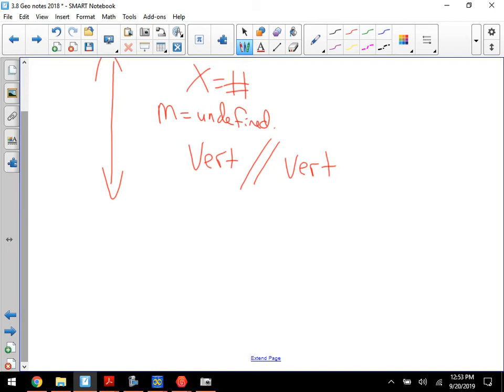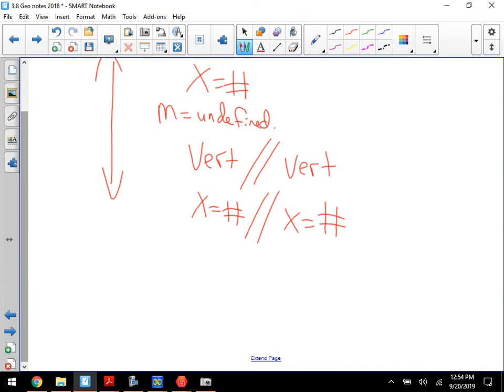And if you break that back down, it's the same idea like we did with horizontal. If horizontals were y equals a number, verticals were then x equals a number. So if vertical is parallel to vertical, x equaling a number has to be parallel to what? Thank you, good number, very good.